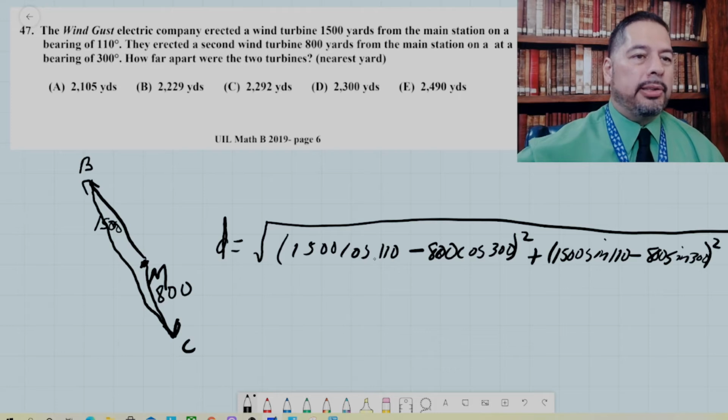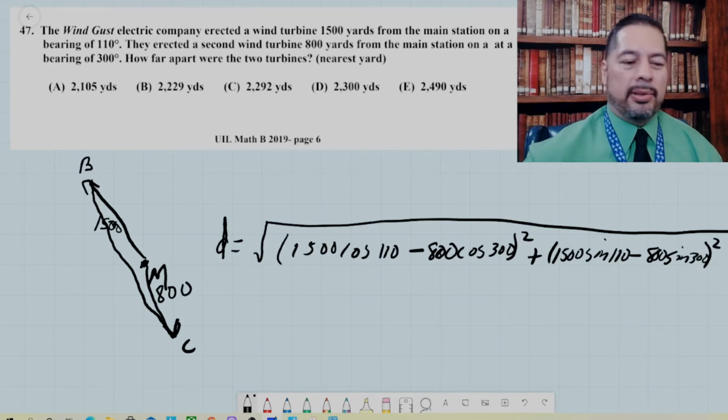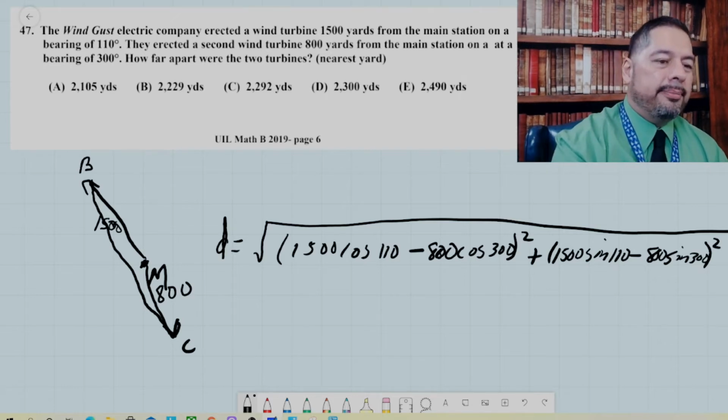And so we just punch it into the calculator. So let's go ahead and do that. I'll go ahead and fast forward this section so it doesn't take so long. So let me go ahead and punch it into the calculator.